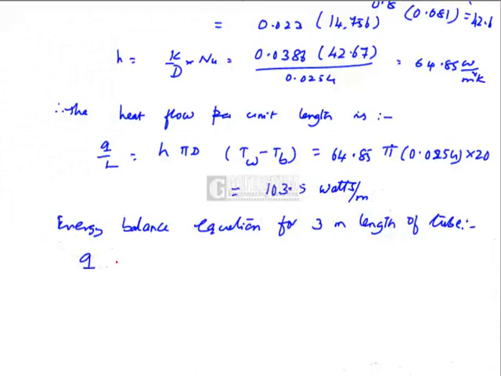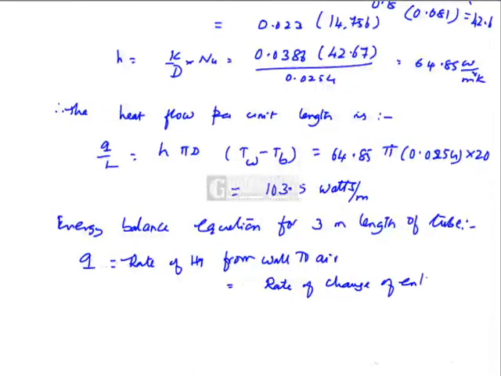Q is equal to the rate of heat transfer from wall to air, which is equal to the rate of change of enthalpy of air, given as mass flow rate of air, Cp of the air, times temperature rise of air, or increase in the bulk mean temperature of air.